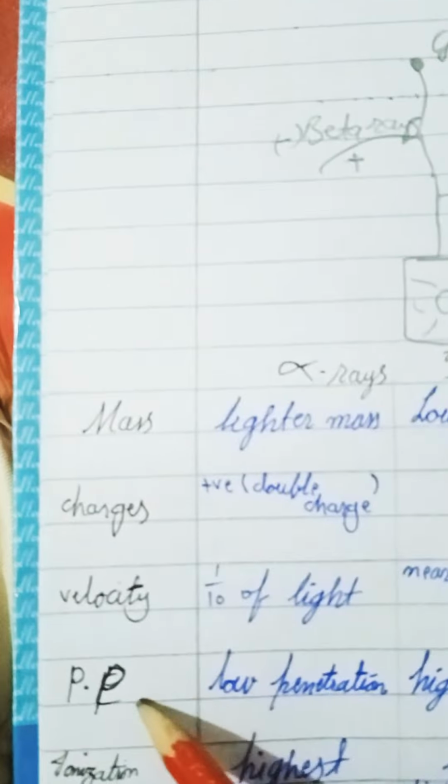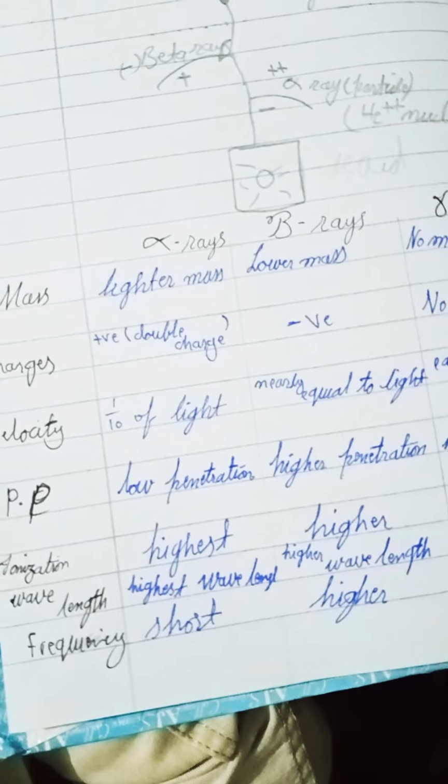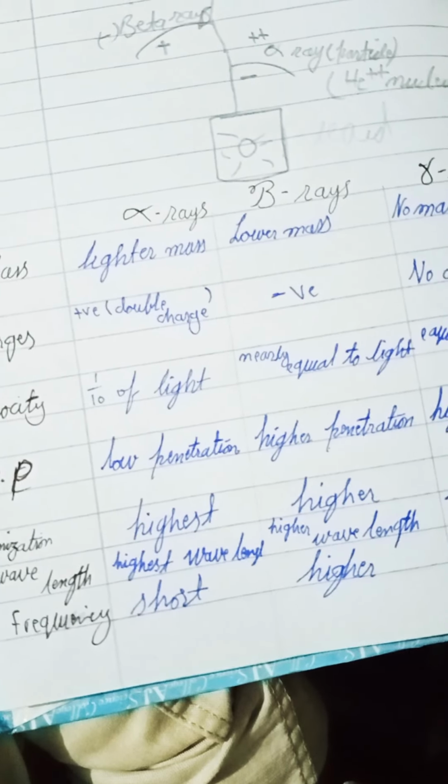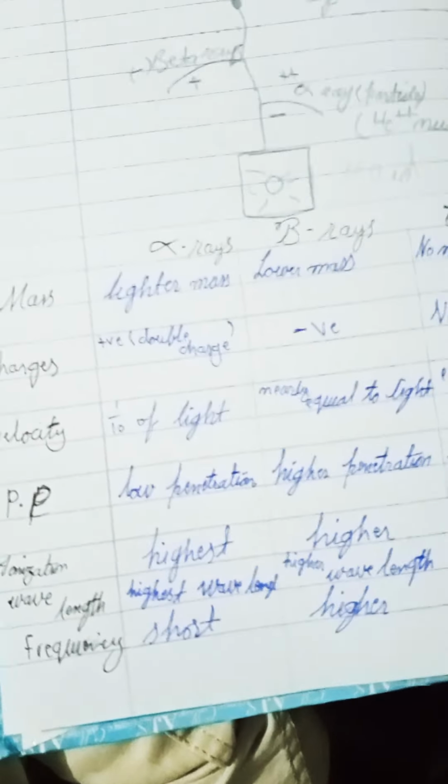Close your eyes and imagine there's a wall in front of you and you are bombarding it with particles. An alpha particle has mass, so it will not cross the wall; if there is mass, there is low velocity. If there is low velocity, the momentum is low, and because of low momentum and low energy, it will not penetrate. But second, beta rays have high penetration.